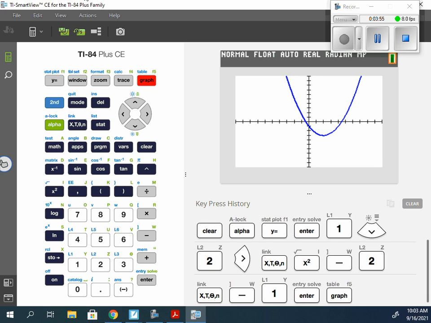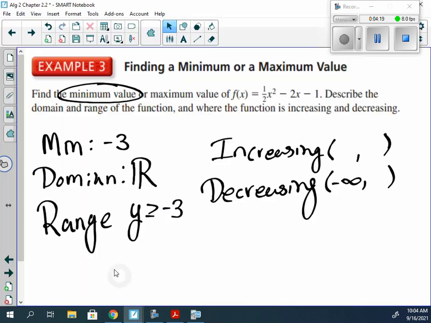Now, we noticed at the vertex, when it's coming down this way, it is decreasing as we read it from left to right until it hits this point here, where x is 2. Because at the point when x is 2, it stops decreasing and starts increasing. So it is decreasing from negative infinity to 2, and it's increasing from 2 to infinity.